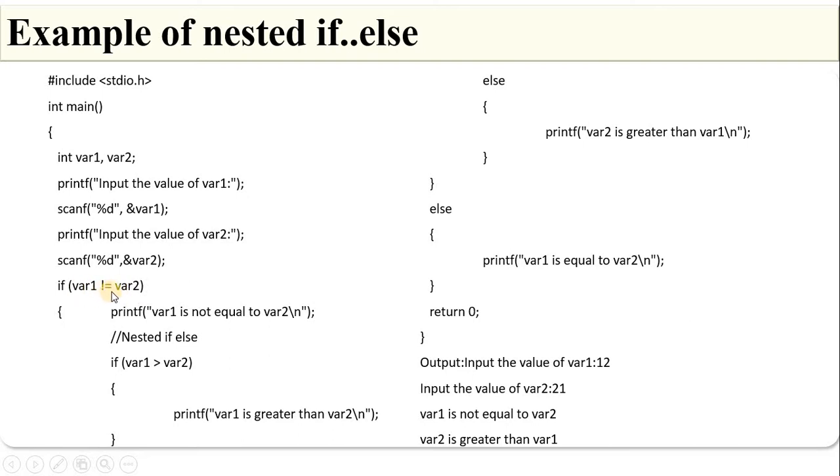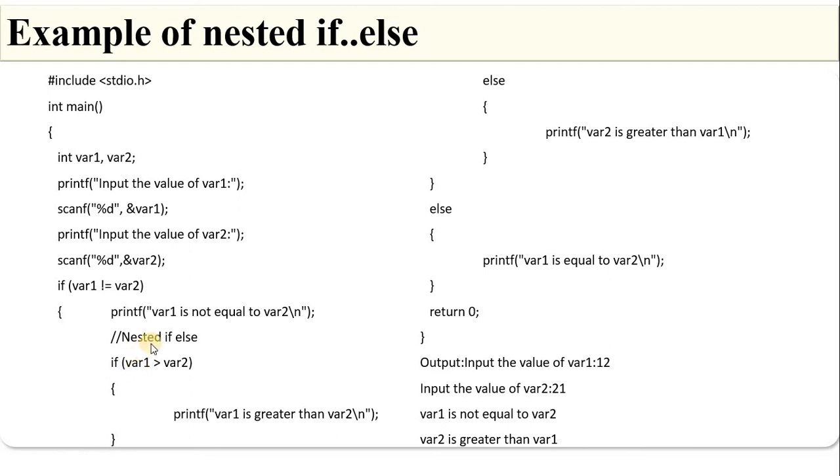If both are not equal, then it enters the if block, and we are printing var1 is not equal to var2, and inside this we have a nested if else statement. This nested if else statement is there in this outer if statement. So here we are comparing the values of var1 and var2.